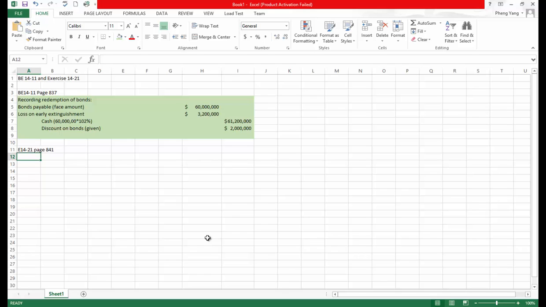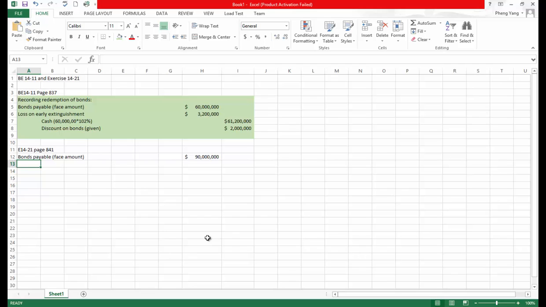The bonds had been issued in 2005 and had a remaining discount of 3 million at December 31st, 2012. On January 1st, 2013, Indian River Electronics called the bonds before their scheduled maturity at the call price of 102. Okay, so once again, I'm going to take the bonds off the books. So bonds payable is going to be debited at the face amount, and it was for 90 million.